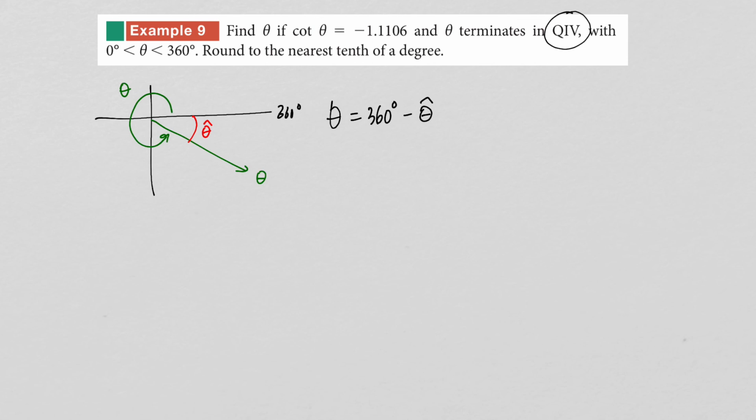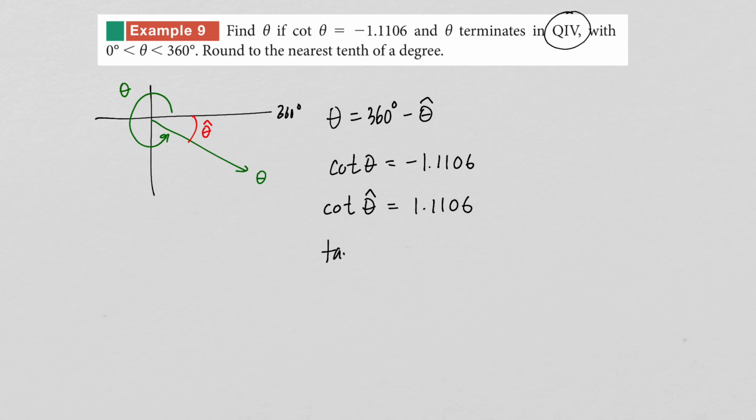So let's find theta hat. Well, cotangent of theta is negative 1.1106. So cotangent of theta hat is positive 1.1106. So again, anytime you're talking about the reference angle, you cannot have a negative. The problem here is we don't have a cotangent button on our calculator.